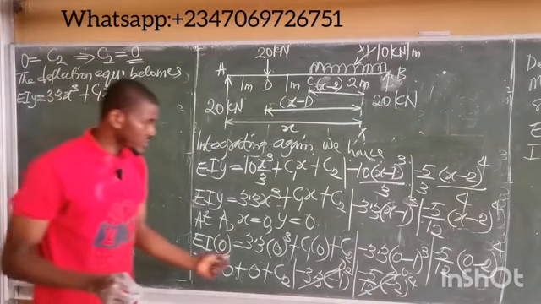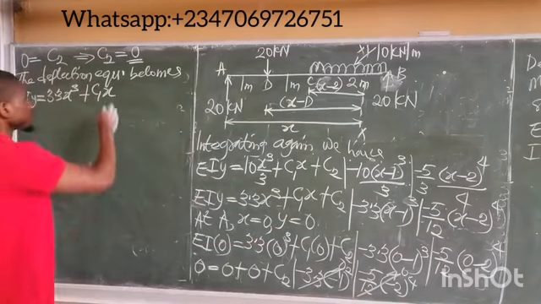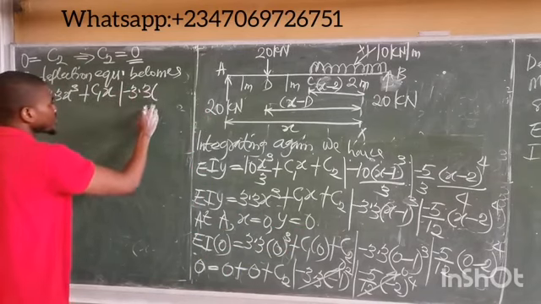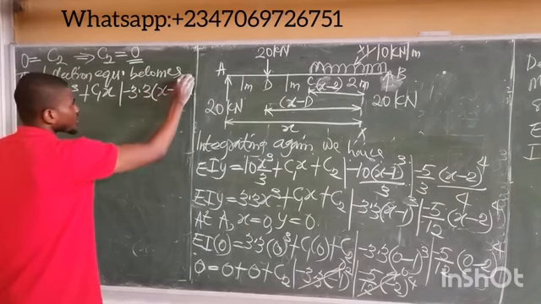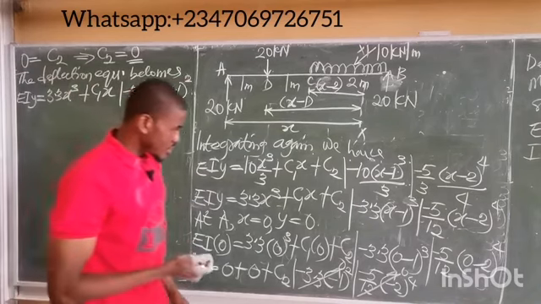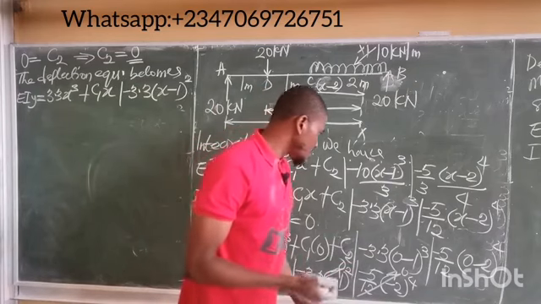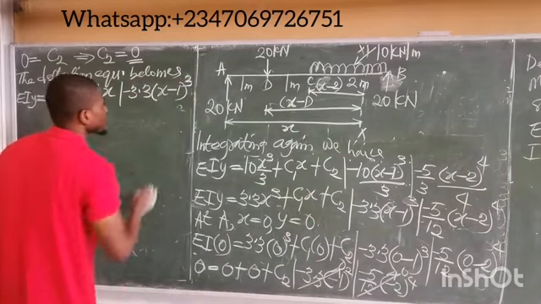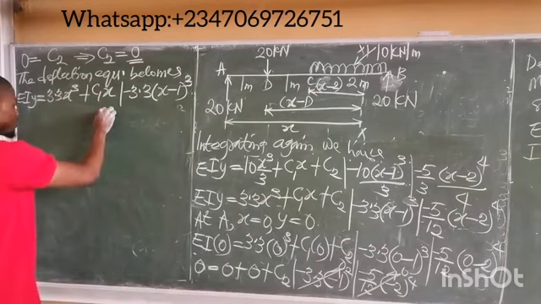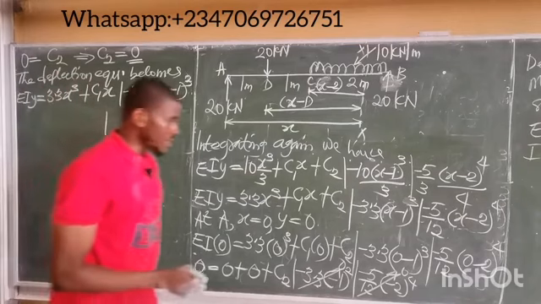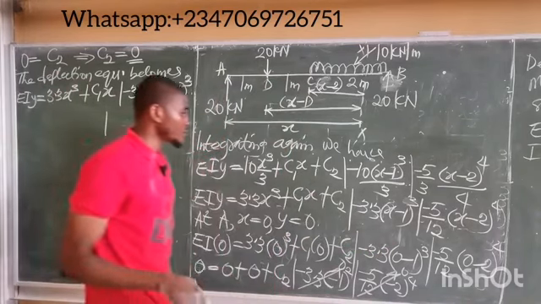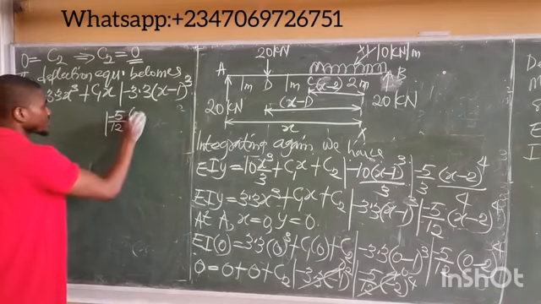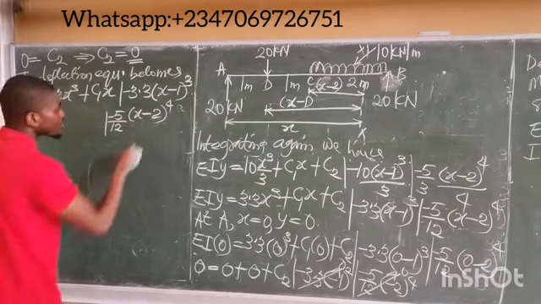Of course, the value of C2 is 0, so that one is off. So you put down your Macaulay's bracket, minus 3.3 into x minus 1, all cube. And finally, put down your second Macaulay's bracket. Here we have minus 5 over 12 into x minus 2, all to the power of 4.